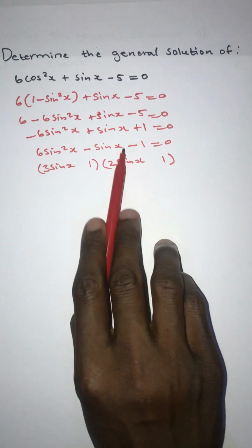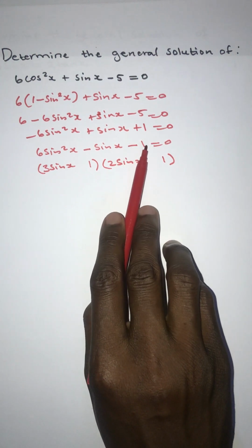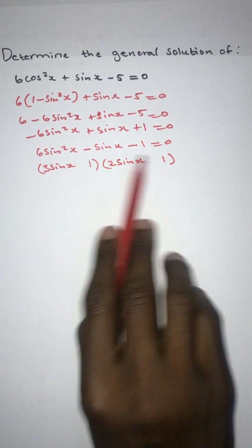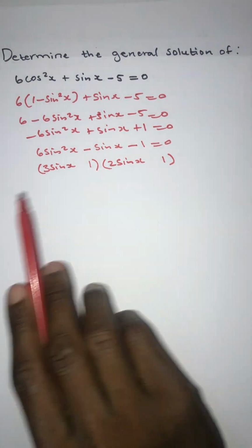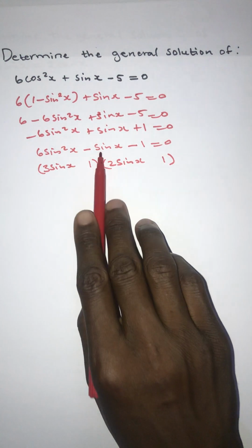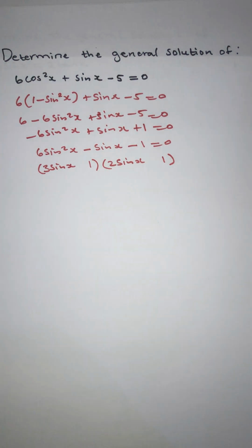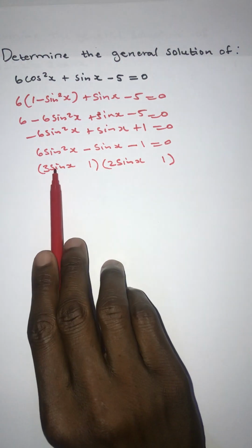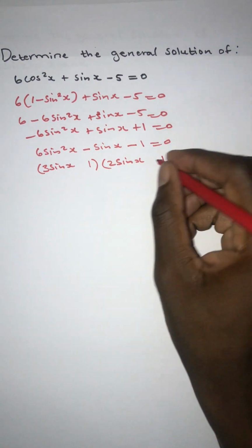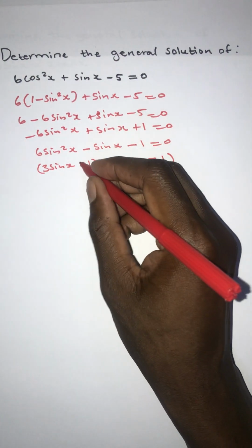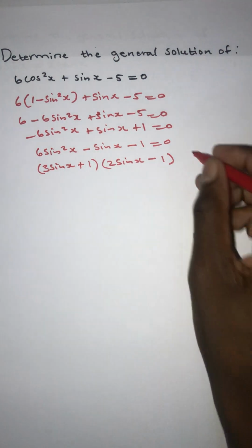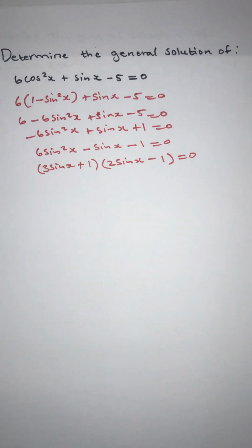So let's check. The sign of 1 is negative. It means that our signs are different. It should be positive and negative. And then the middle term, the bigger value is going to have the negative sign. So this times this should be negative. That means we're going to have negative here and positive here. Then it's equal to 0.